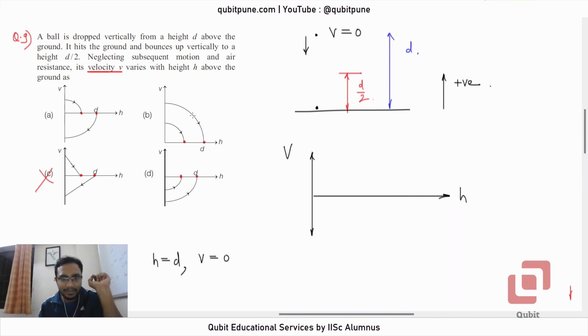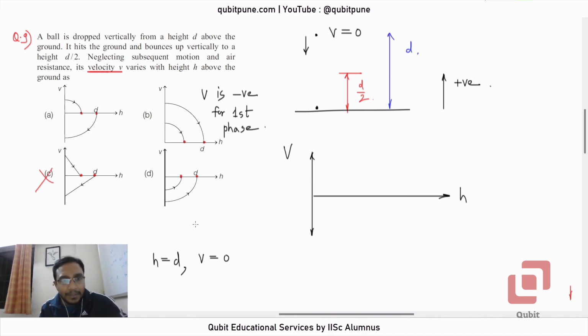So it has to be something like this. We are rejecting option B because velocity is negative for the first phase. So it is either option A or option D now.